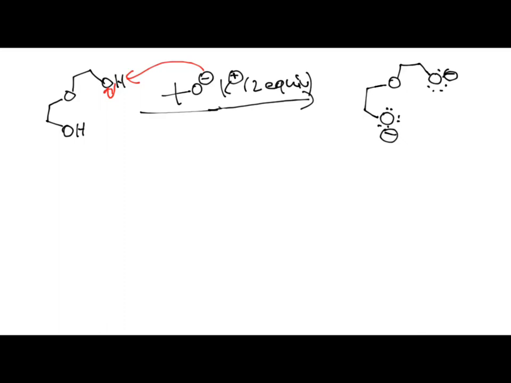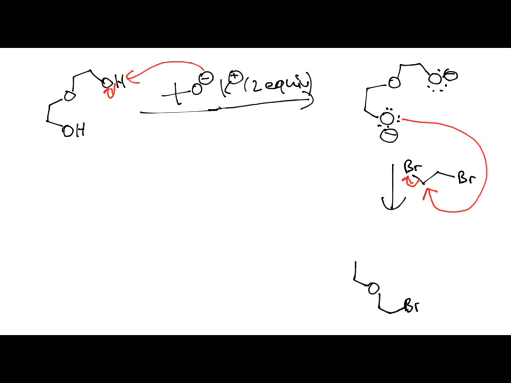And now we are adding this dibromoethane. And now we can do an SN2 reaction. Sorry, that's a little bit ugly. Right, like this. Then we're getting to this one.